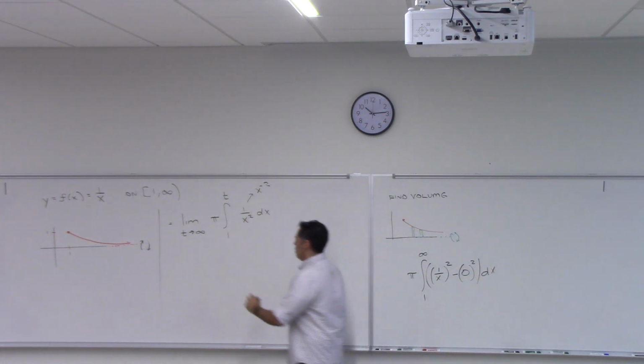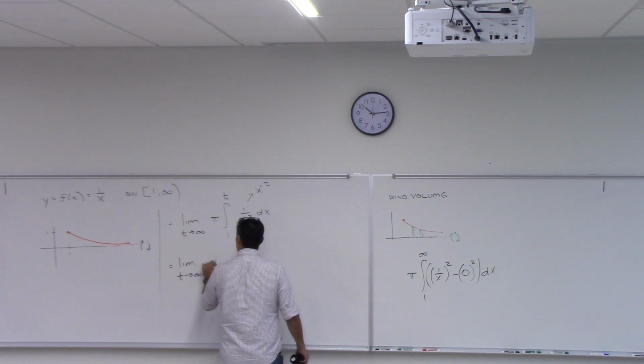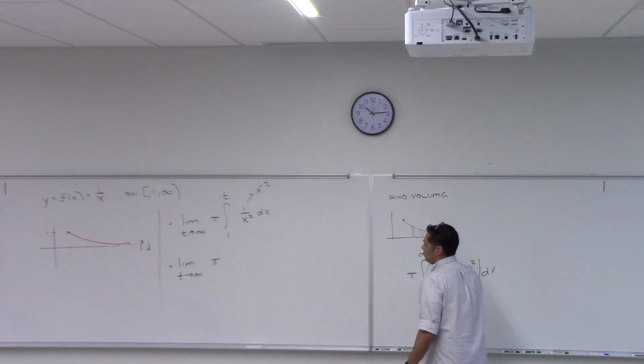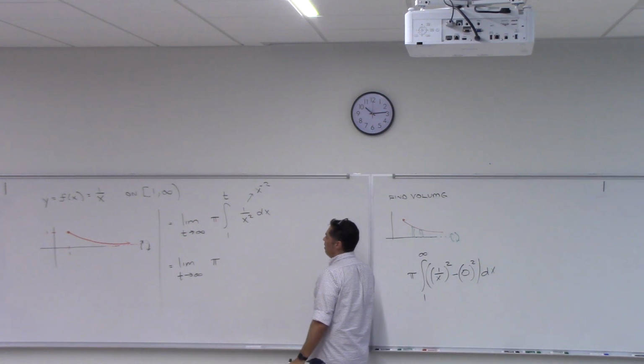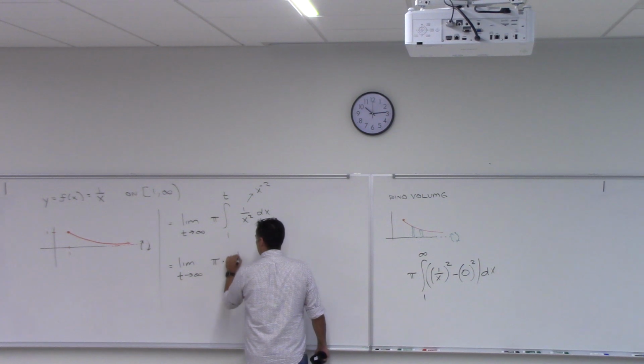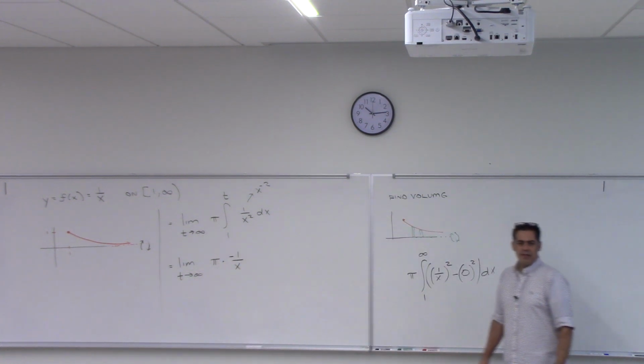Then use your power rule. Here we go. Limit as t goes to infinity of pi times the antiderivative, which is negative 1 times x to the negative 1, or negative 1 over x. Do y'all agree that's the antiderivative of that?